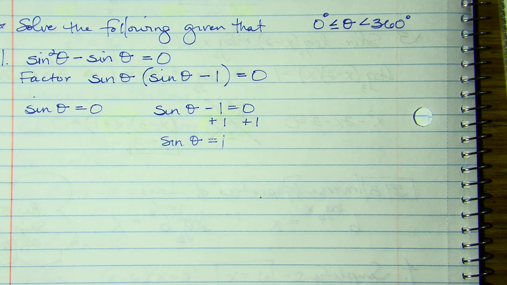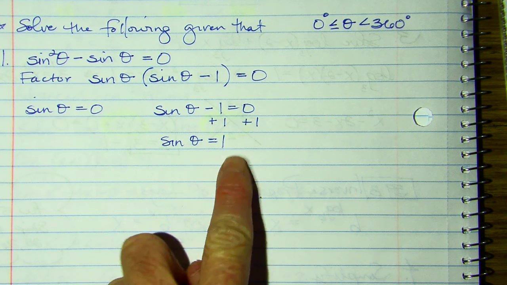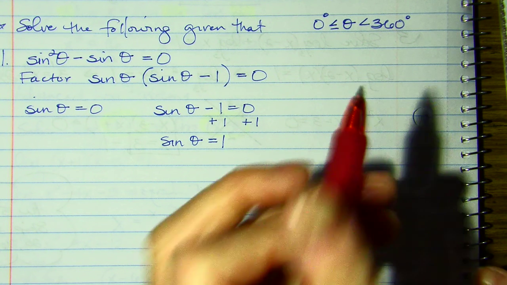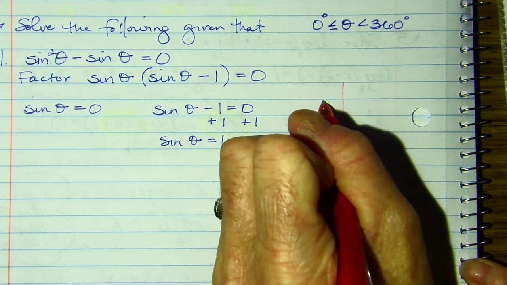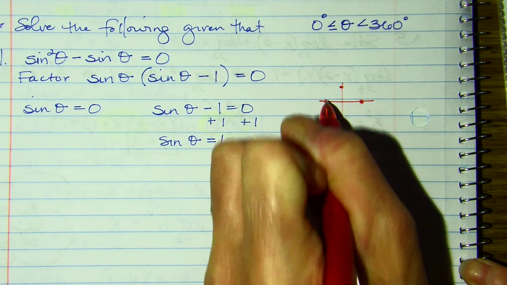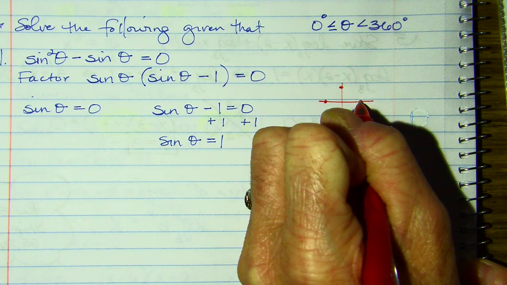So when we're solving, we're asking ourselves what angles produce these values. For this problem in particular, I noticed that I've got a 0 and a 1. And no special triangle is going to give me those values except for my quadrant angles. So right there's 0 degrees, 90, 180, 270, 360.